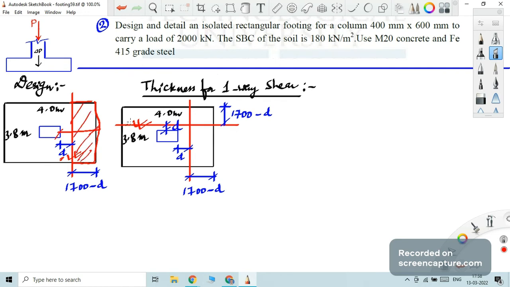Similarly, since it is a rectangular one, even though the width is the same, the length is different. So two particular sections we need to consider when we design one-way shear. But if this 1700, that is the projection beyond the column, is the same, your calculation is quite easy.